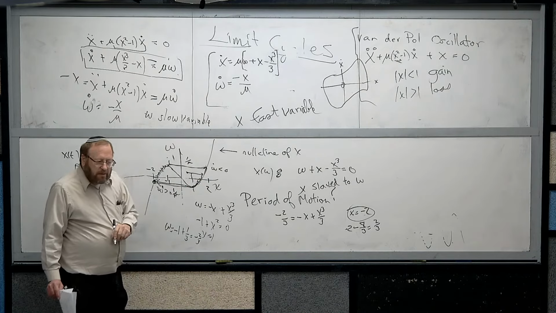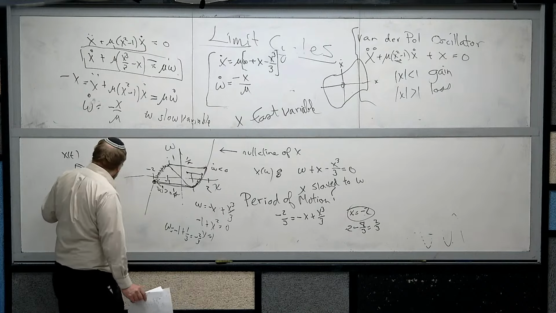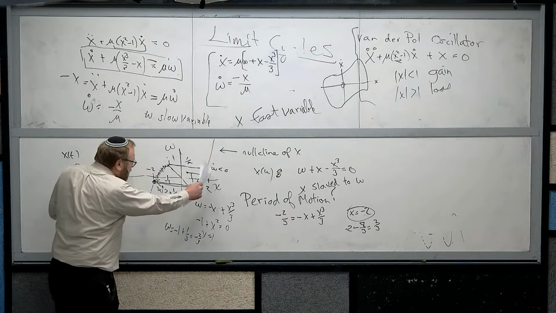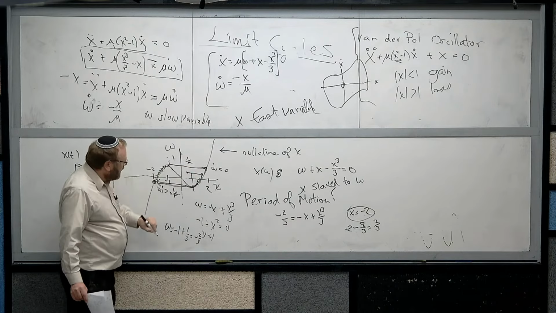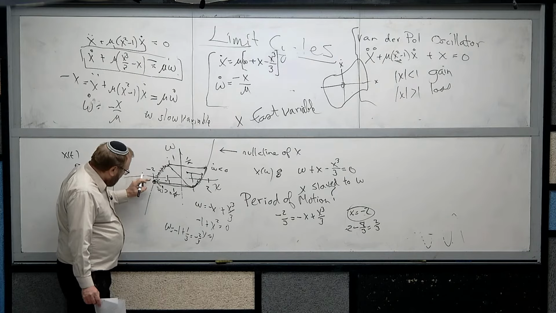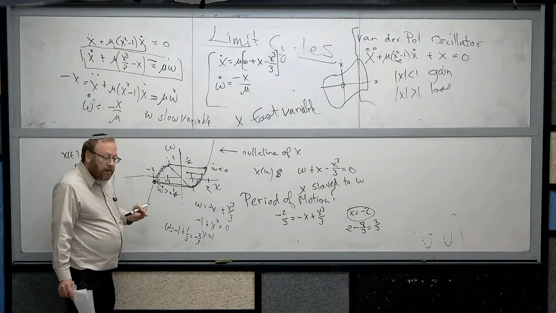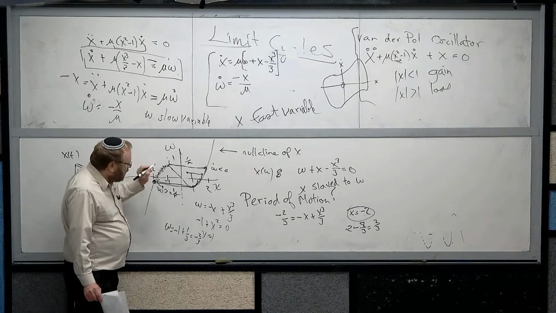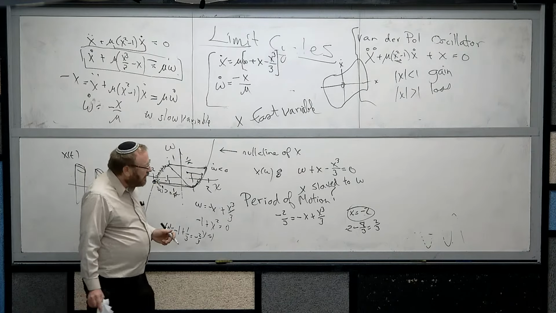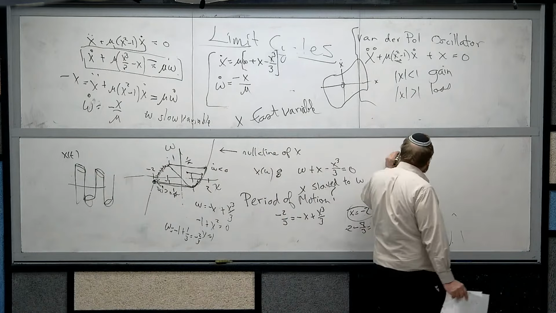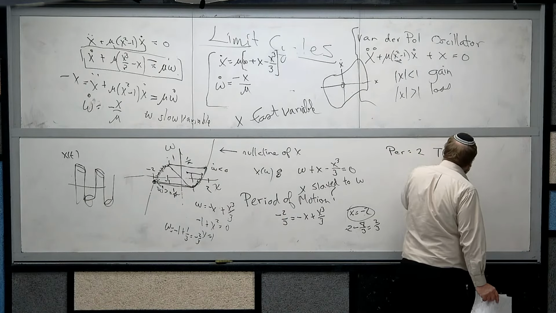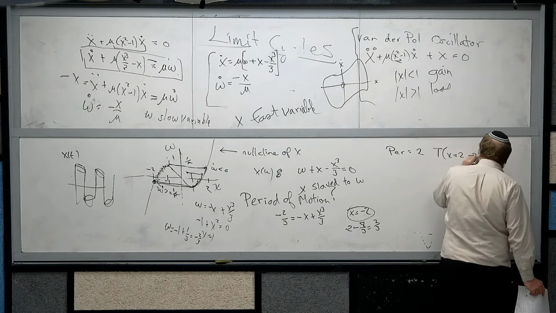All right. So the slow thing is x goes from 2 to 1, and that takes a long time. And then it has to go from minus 2 to minus 1. Now the time it takes to go from minus 2 to minus 1 is the same time it takes to go from 2 to 1, because everything is symmetric. So the period is twice the time from x equals 2 to x equals 1.